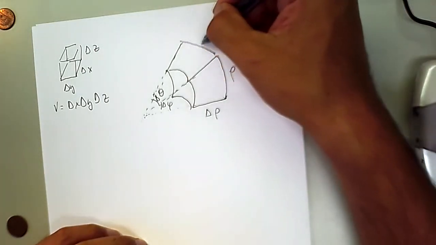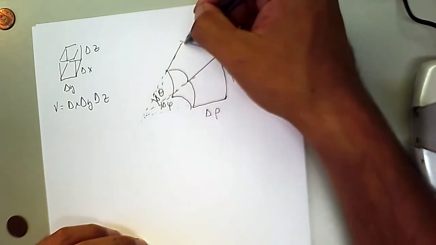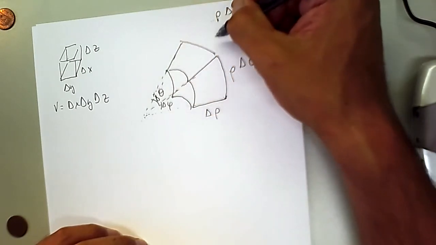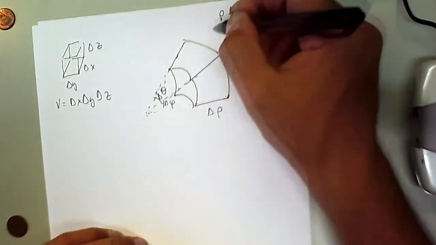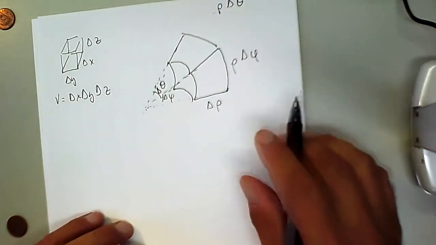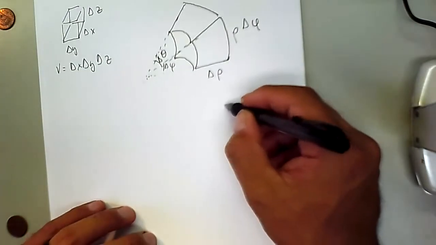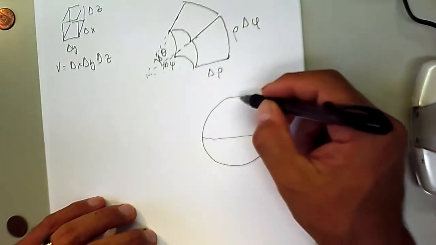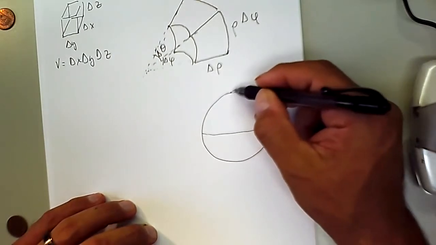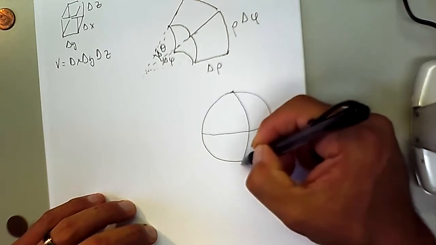So if you go this way and we sweep the angle theta across, isn't it going to be the same, rho delta theta? And the answer is no. And I'm going to show you a picture of why not. So pretend you are on a big sphere like the Earth, and you got meridians going down this way.